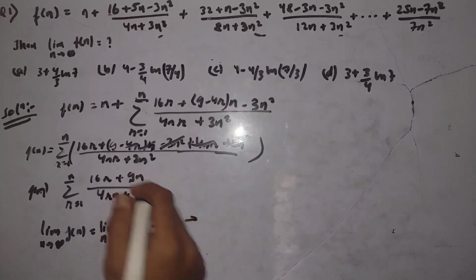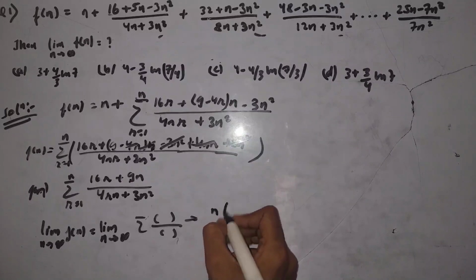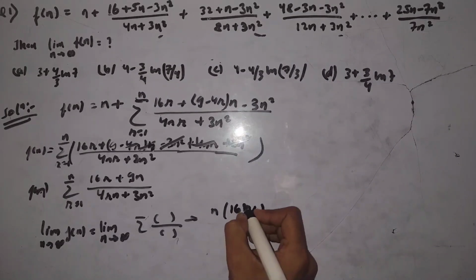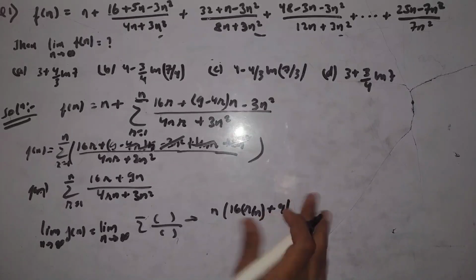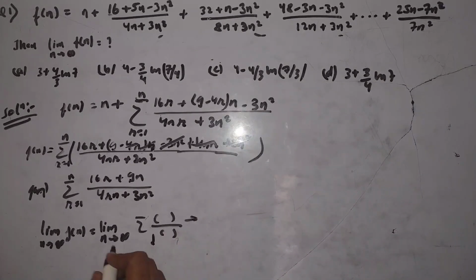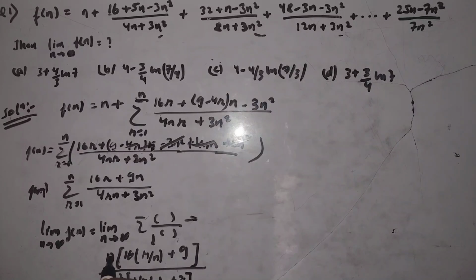So in the numerator we can write n into 16r by n plus 9. In the denominator we can take n square common, and we can write 4r by n plus 3, and this n square cancels here, and this is the limit as n tends to infinity.